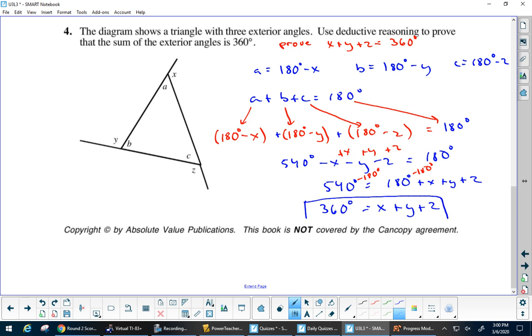Did I not just prove x plus y plus z equals 360? So I could go, therefore, the sum of the exterior angles x, y, and z equals 360 degrees.